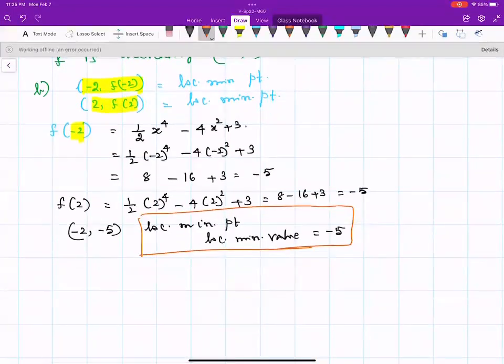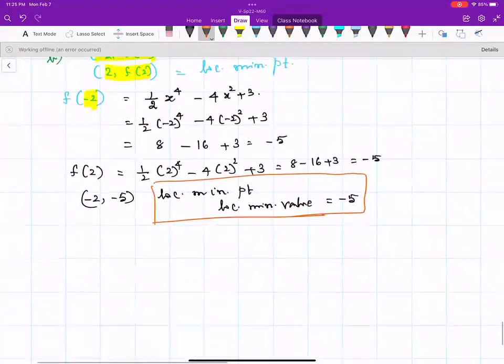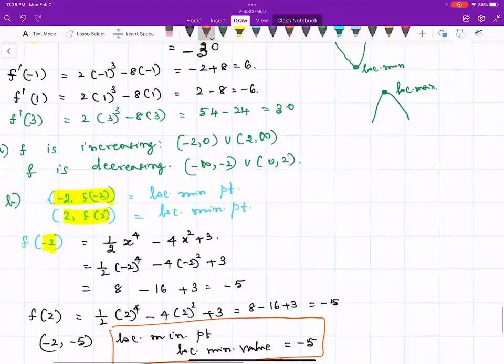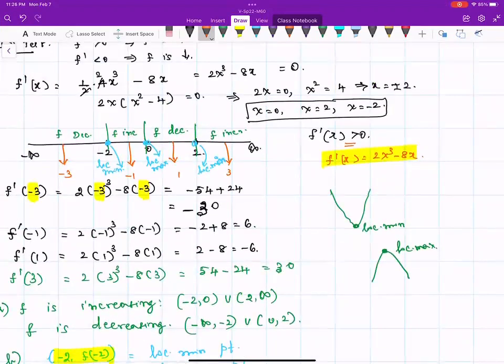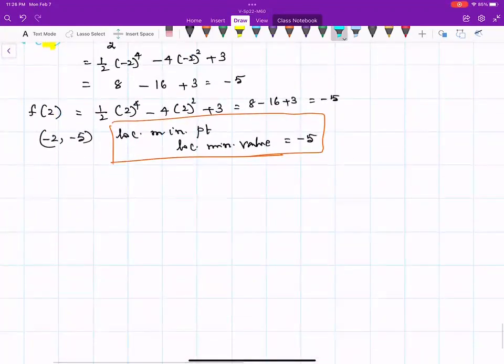What about the local maximum? For the local maximum, we pointed out only 1 point, where it goes from increasing to decreasing, which is happening at 0. So f at 0 will be the local maximum value. So 0, f of 0 is a local maximum point.